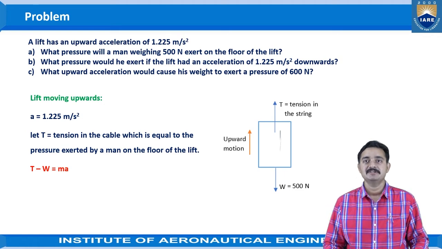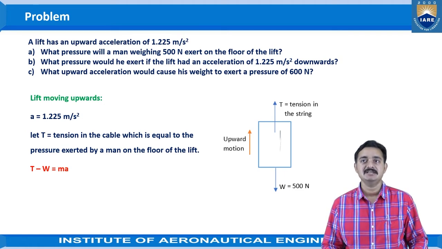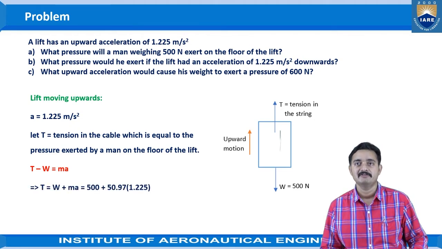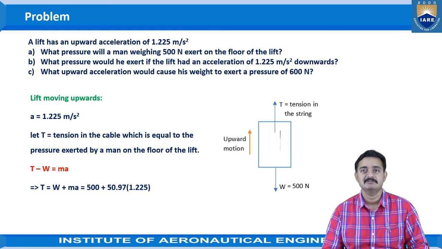Now the equation we have is the resultant force, T minus W is equal to MA. When we solve the equation, T is equal to W plus MA, that is equal to 500 plus 50.97 into 1.225.